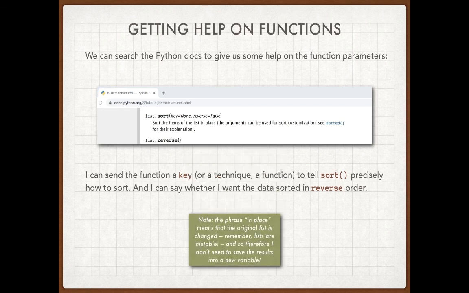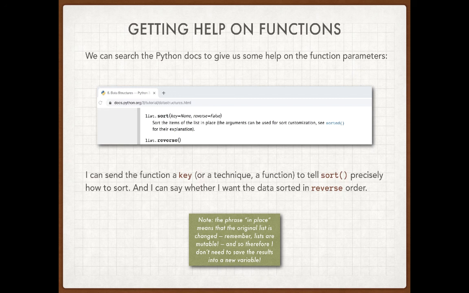Now, there's another one that I want to show you really quickly, which is this phrase in place. In place might not seem very significant, especially if you're not used to programming, but what that means is if something is changed in place, the original list gets changed as it stands. Right? And remember, lists are mutable. They are ordered sequences that are changeable. So what sort does is change the very list itself.